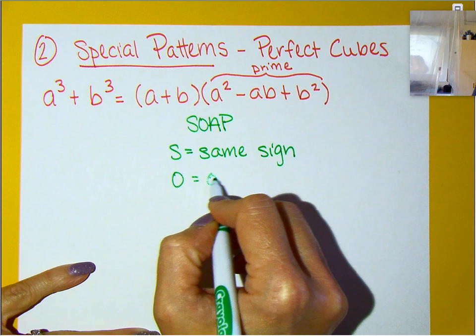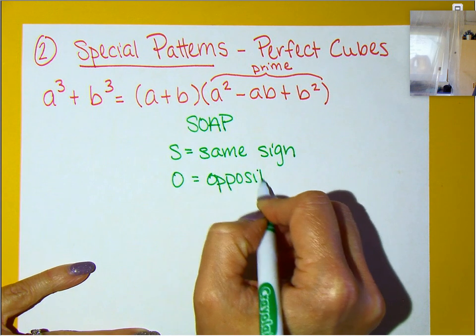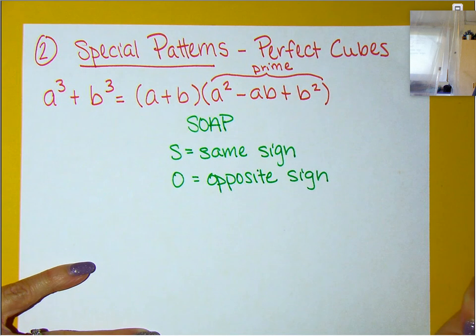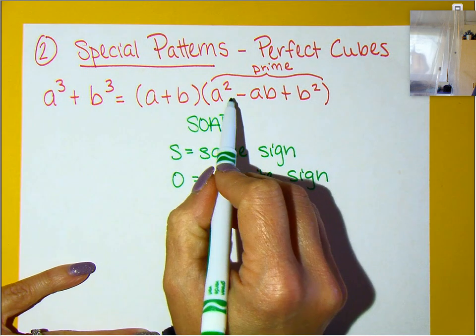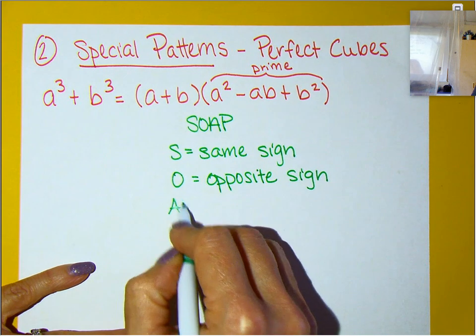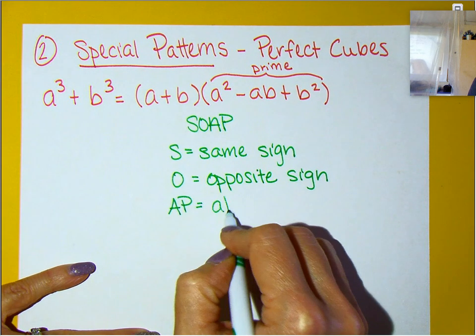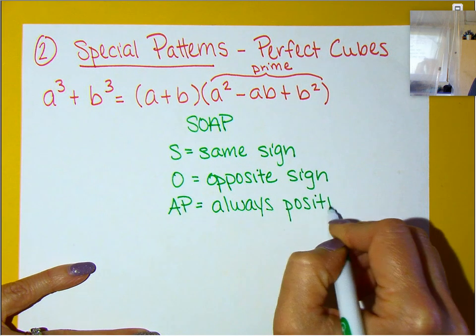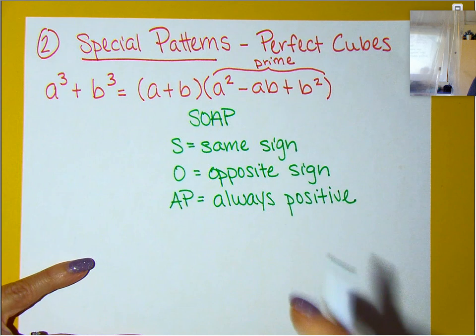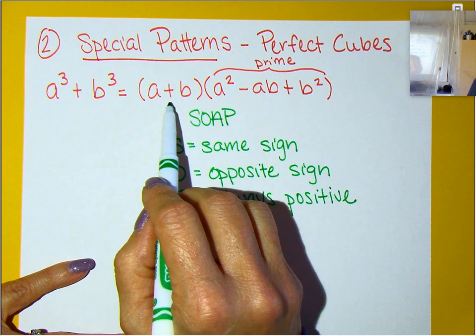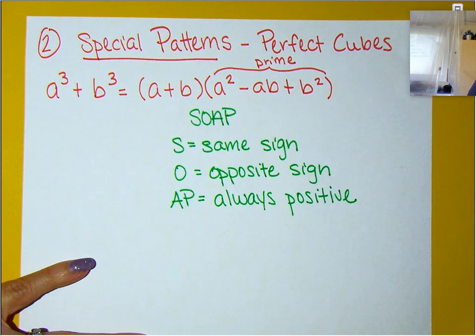O stands for opposite sign. So the second sign is opposite of what you were given. And then the AP stands for always positive. And that's the last sign. Last sign is always positive. So it's same sign, opposite sign, always positive.